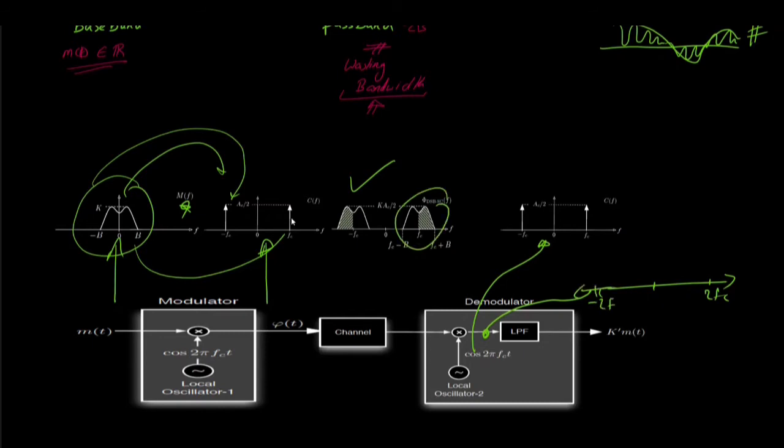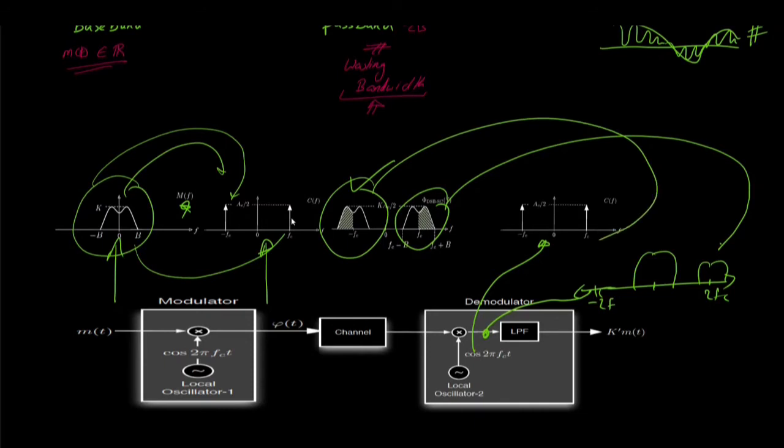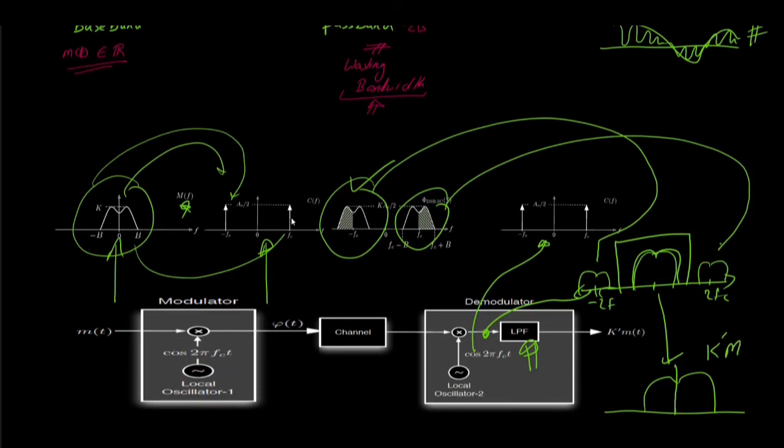This function now would go to 2fc and 0. Similarly, this function would now go to minus 2fc and 0. But we are interested in the low frequency, so we pass it through a low pass filter, and eventually we would have some factor k dash M of f.